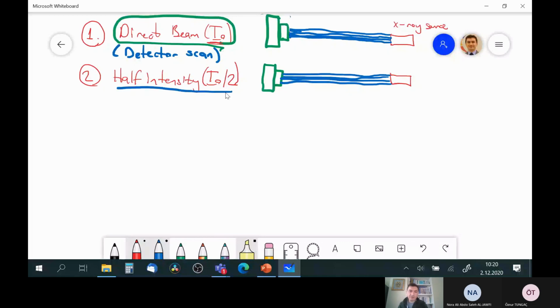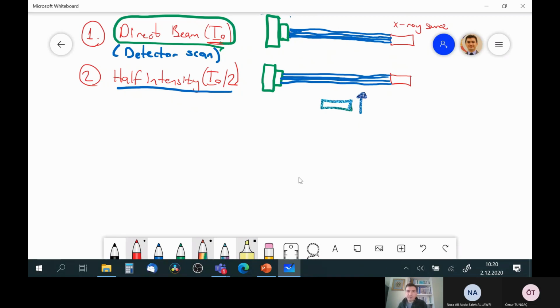In order to get this, we have to move the sample in. Let's consider this is our sample. It is located here, and we have to move this sample into the beam, and we have to cut half of the intensity. So how to do that?